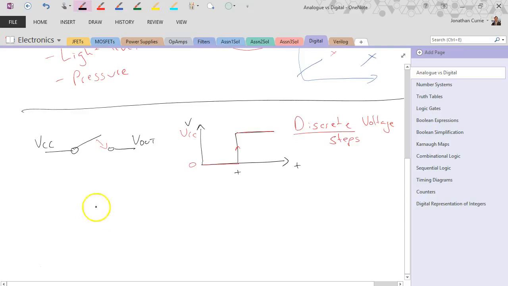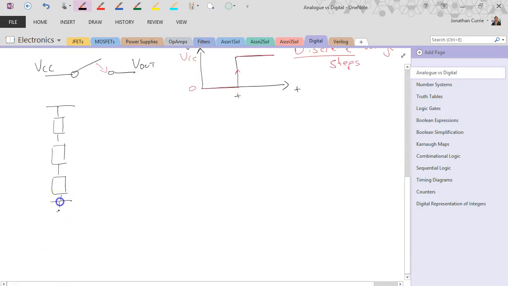Let's take another example. Let's say we've got a voltage divider ladder like this, and we've got a switch that allows us to switch between those positions. This would be like a rotary switch turning between, for example, input sources, or just in this case, between different voltages. At this point here it becomes V out.